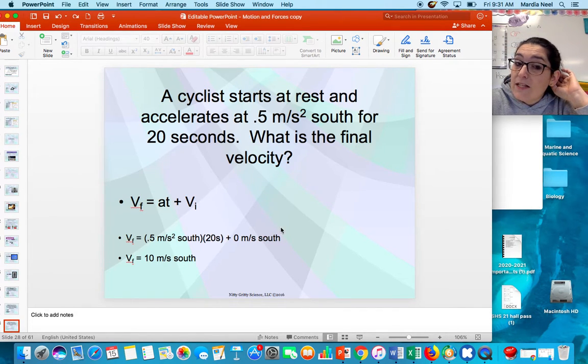All right, a cyclist starts at rest and accelerates at 0.5 meters per second squared south for 20 seconds. What is the final velocity? All right, so my final velocity is equal to acceleration times time plus my initial velocity.